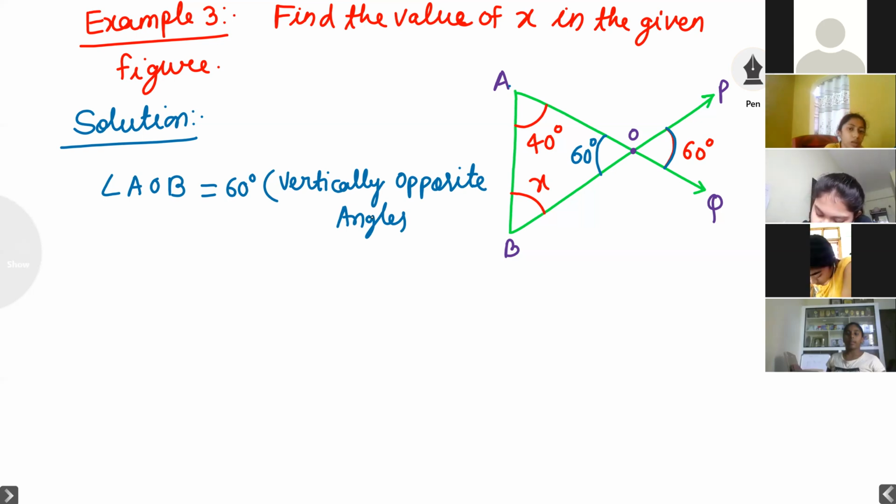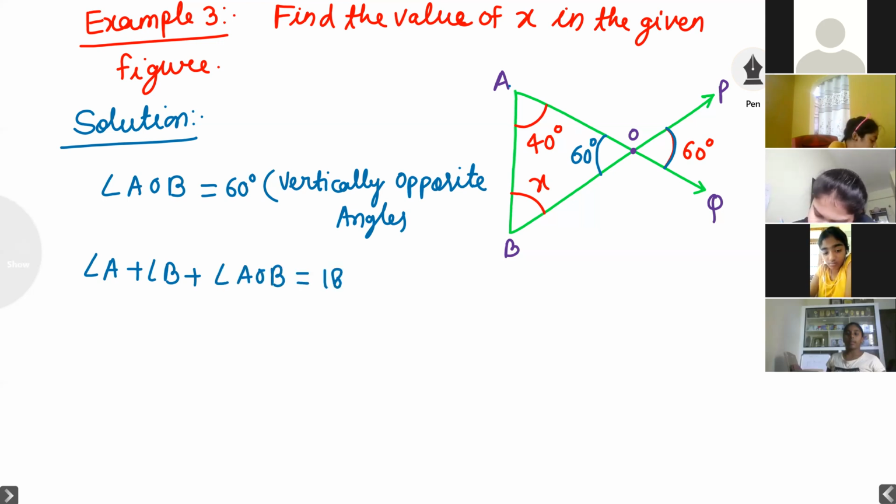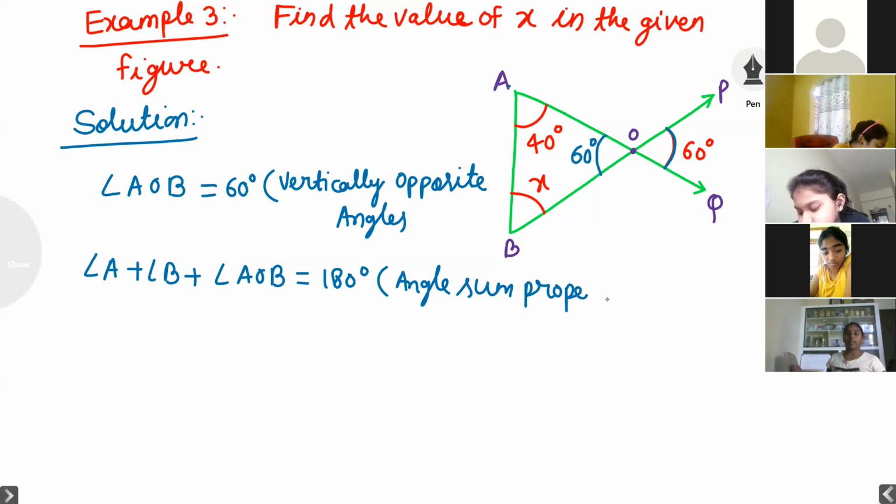Now angle A plus angle B plus angle AOB is equal to 180 degrees. Why? Angle sum property of a triangle. Angle A is 40 degrees, so in the place of angle A I substitute 40 degrees.